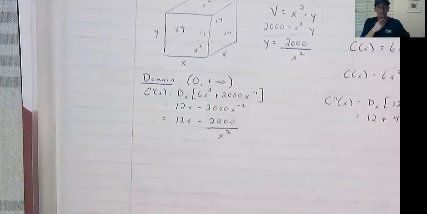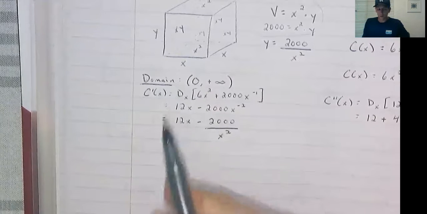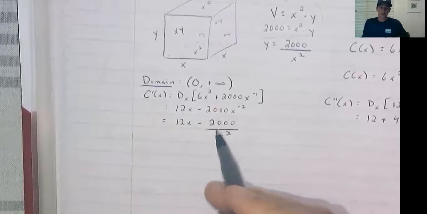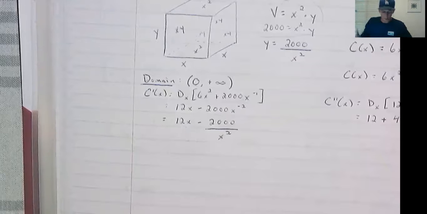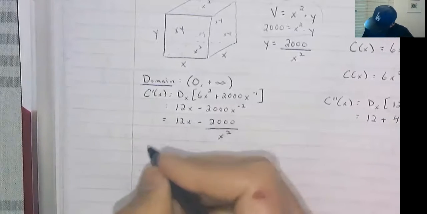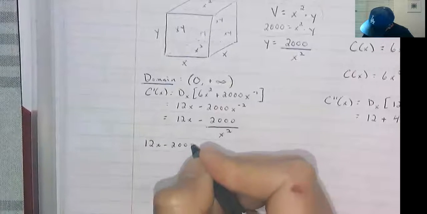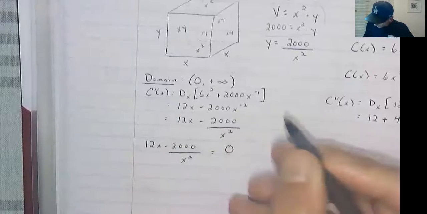And so just as we did with example 1, we're only going to be looking for when this is equal to 0, because everywhere else other than 0, this is going to exist. So there's no more DNE critical numbers. It's just equals 0. So we need 12x minus 20,000 over x squared equal to 0.